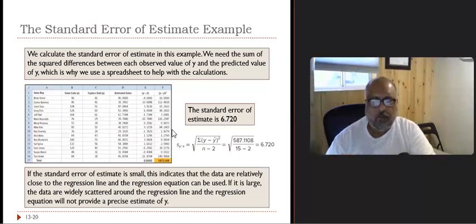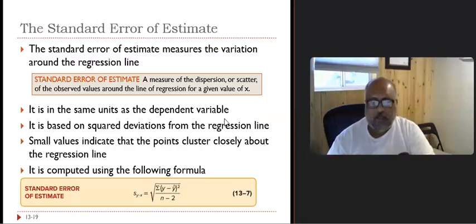So here's an example of the standard error of estimate that we have been talking about. You can use Microsoft Excel, and it will give you the standard error of estimate. In this case, with the data we have been following all along, it is 6.720.